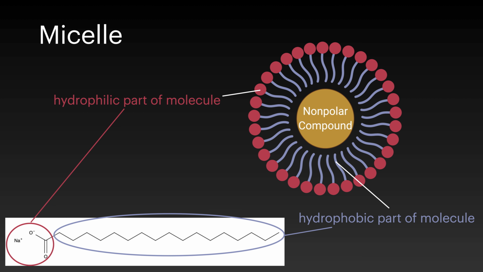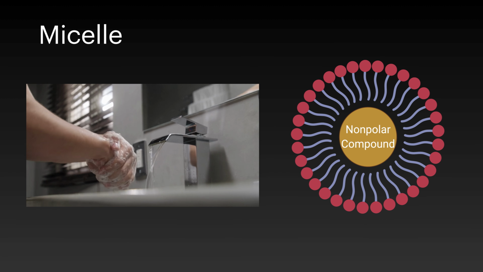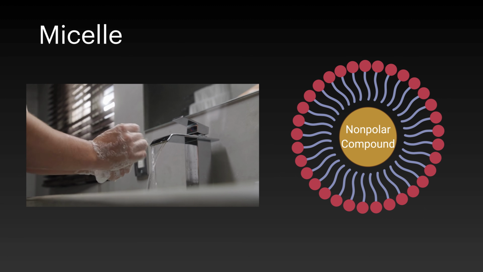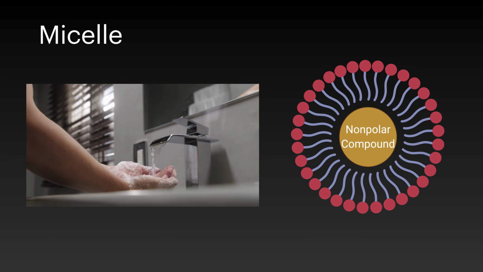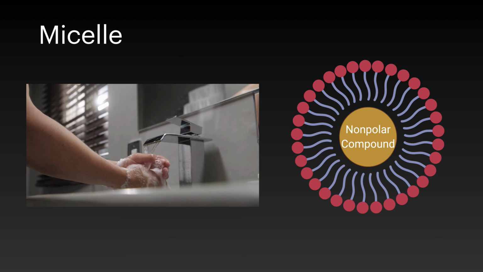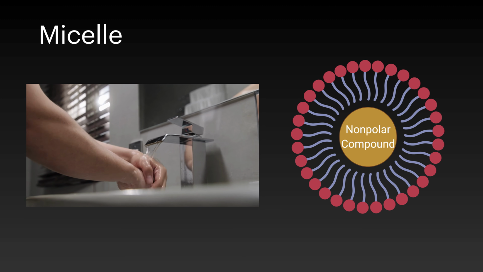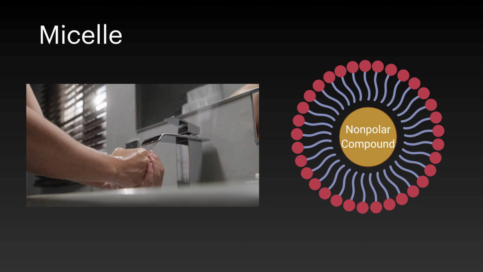The hydrophilic parts of the molecule are pointed out, interacting well with the water. So, when you wash your hands, the soap molecules sequester the hydrophobic things in these micelles, and then when you rinse your hands, the hydrophilic part of the molecule is attracted to the water running over your hands, and it washes away, taking the hydrophobic molecules with it.